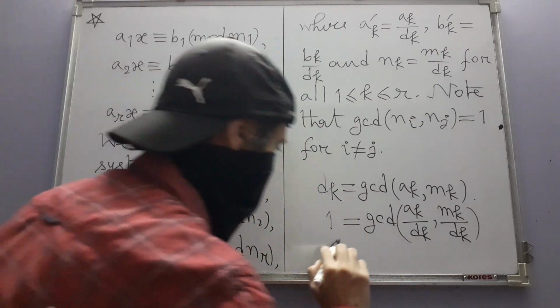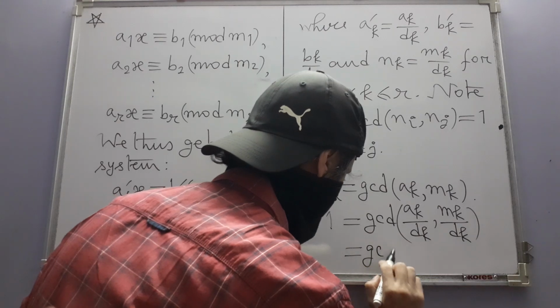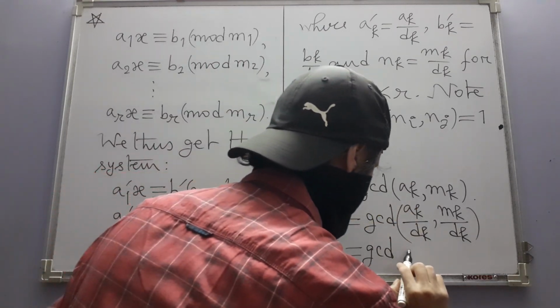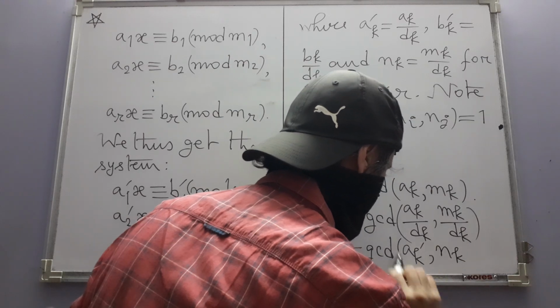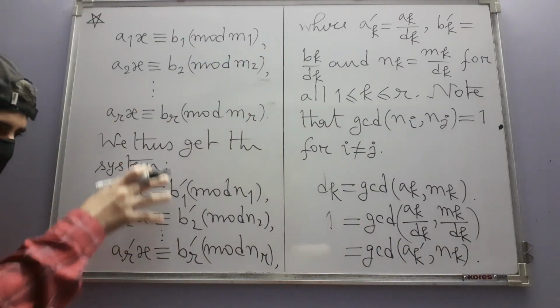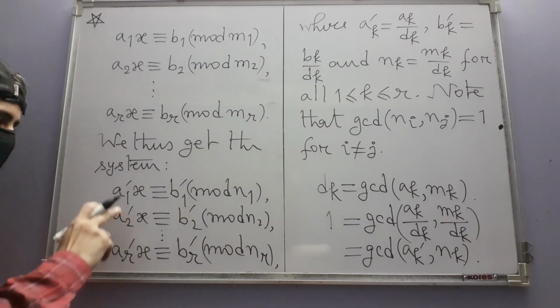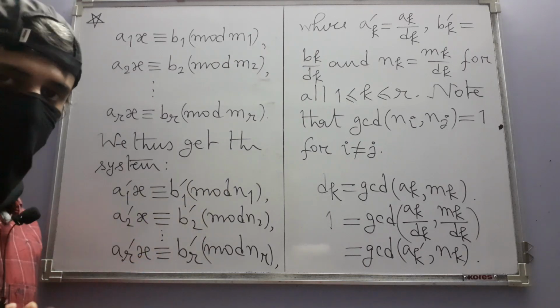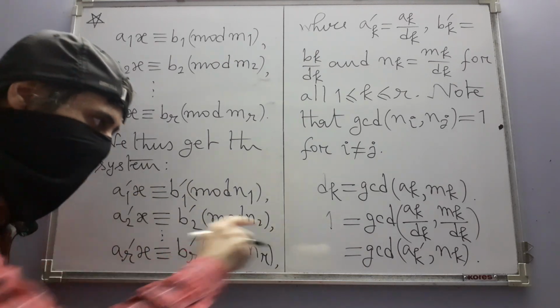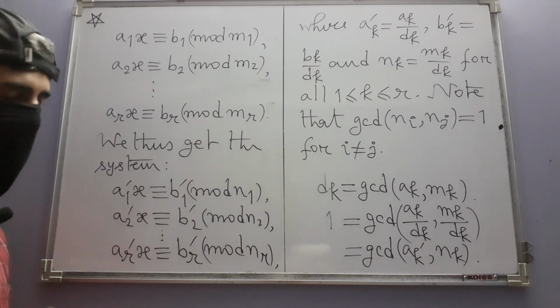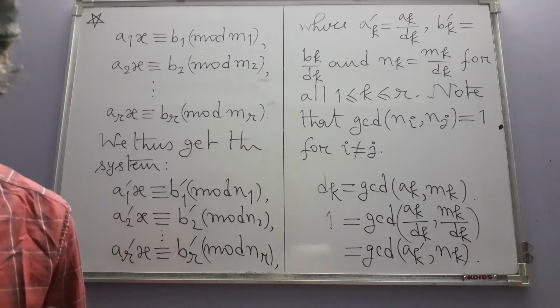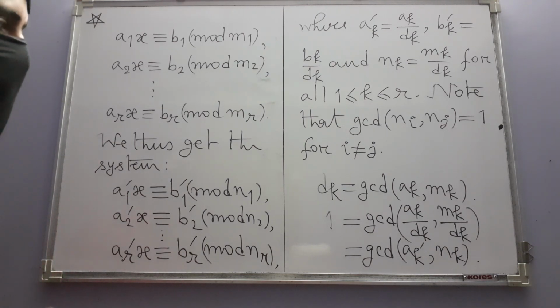In other words, this is what we call AK prime and this is NK. So now in this new system of congruences, here also we have such GCDs. They all are equal to 1. So that is the simplification. Let us simply note this.